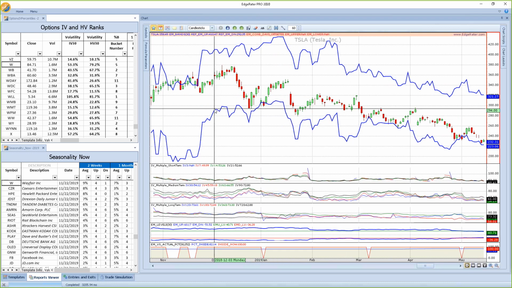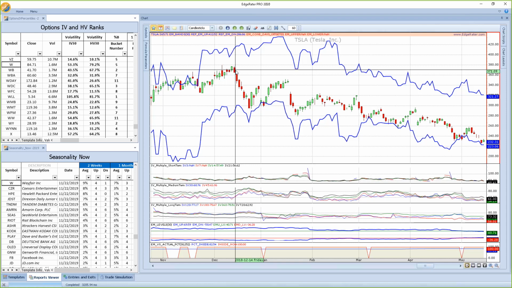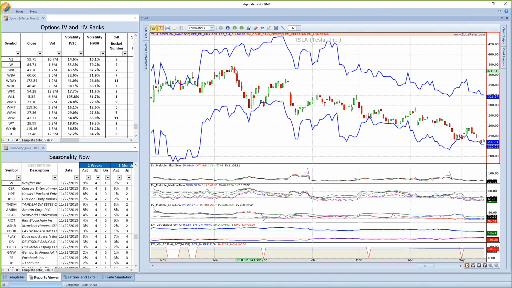December 3rd to 30th. From the middle of December to the end of December there was a sell-off, but it was all within the 30-day expected move. So it's all within expectations of where the options were priced.